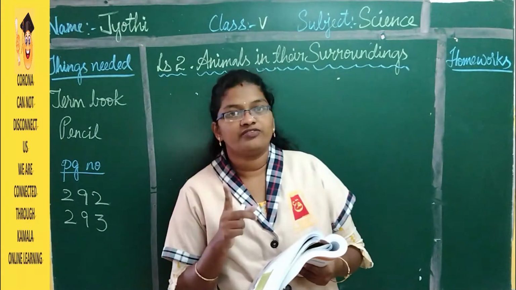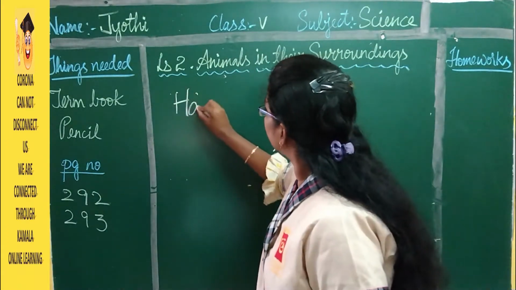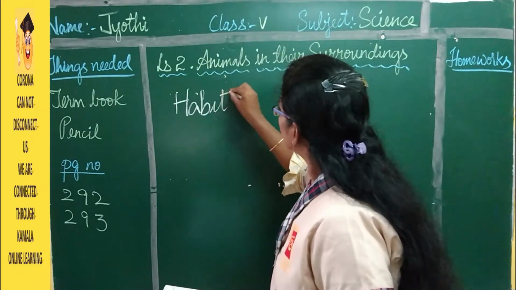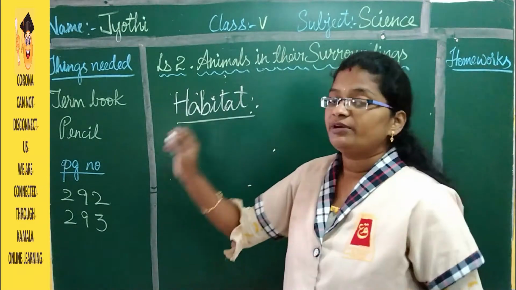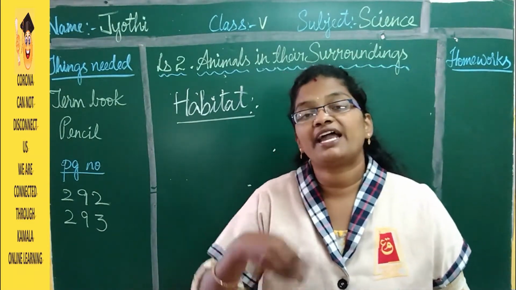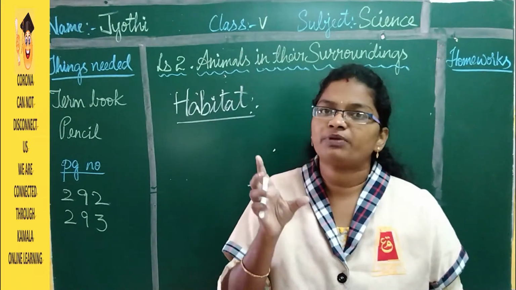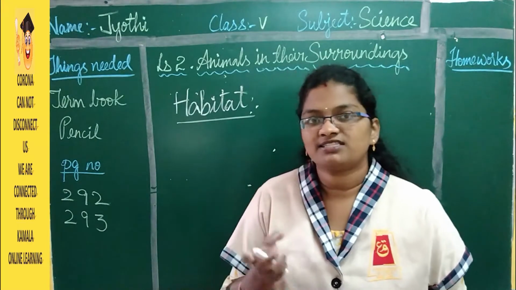So in lesson 1 also we have learned what is habitat. Habitat is nothing but where the plants or animals adapt themselves to live in a particular area. That particular area is called as its habitat.